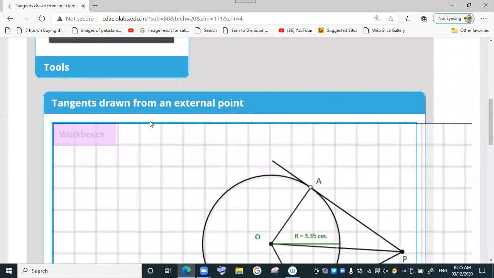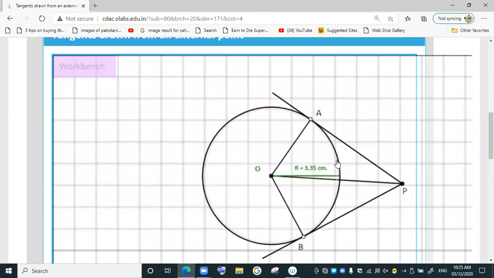Double click on this, flip it and drag it into triangle POB. It is not responding on double clicking.